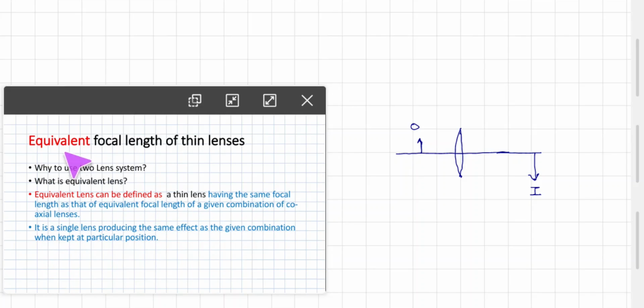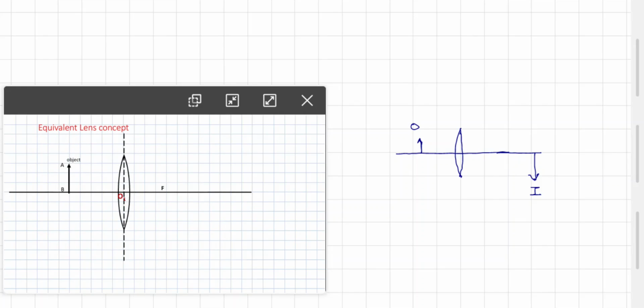It is a single lens producing the same effect as the given combination of lenses when kept at a particular position. So now we are going to see the equivalent lens concept. Let us consider this is a single lens and this is an object.